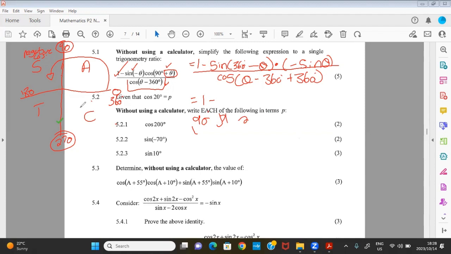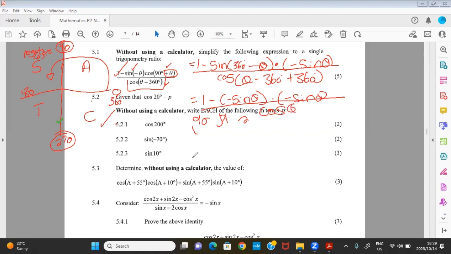So 360 degrees minus theta puts me in quadrant 4. And in quadrant 4, my sine is negative. So I will just have a minus sine theta, right? Then I'm multiplying it with another minus sine theta. Then I'm dividing everything by cos of theta.